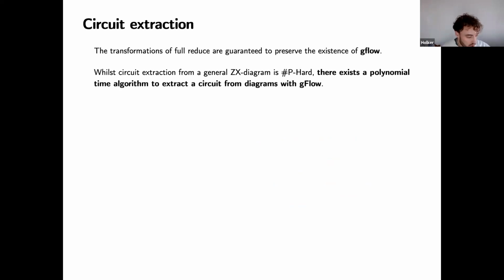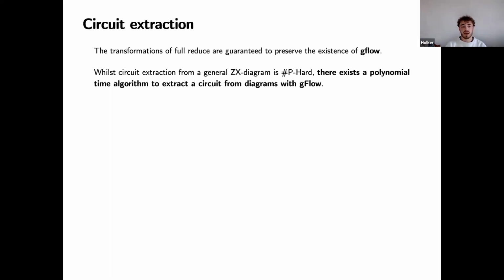Now, once you've simplified a diagram, you need to extract it back out into a circuit, and all these transformations which are done within the full reduce algorithm have been shown to guarantee to preserve the existence of a graph-like property called G-flow. This arises from measurement-based quantum computing, where it's required for a deterministic graph state.